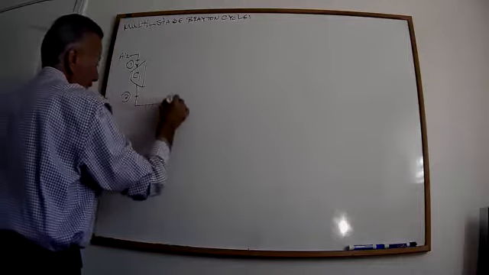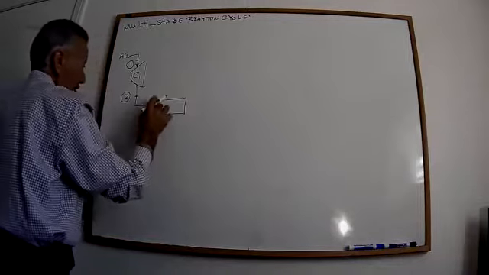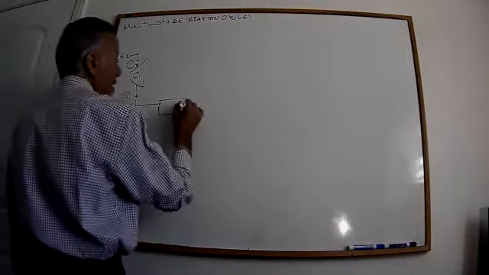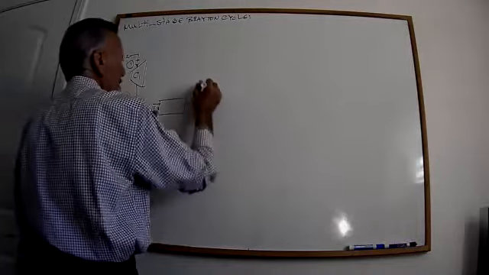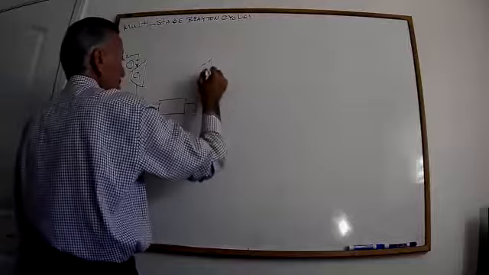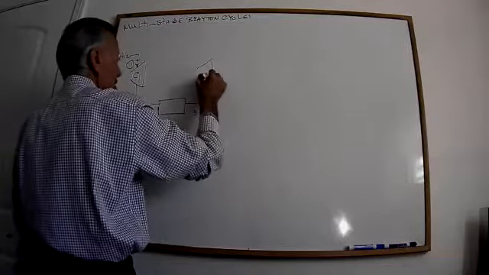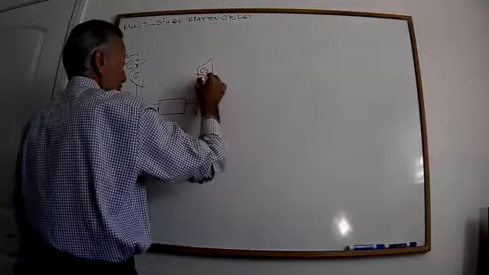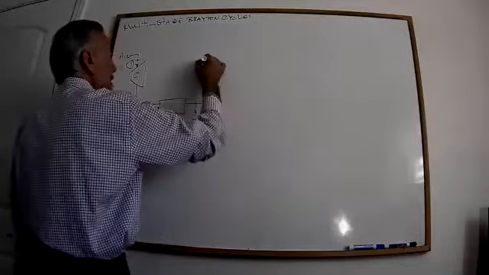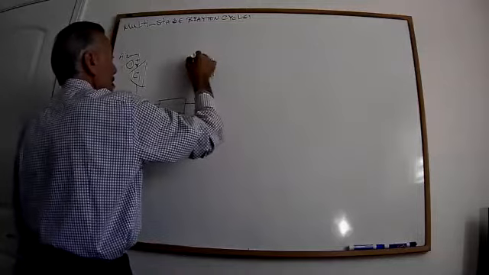Then I take it to a box that I will explain later. I come out of this box at point 3. Now going to the second compressor, compressor 2, I come out at point 4.